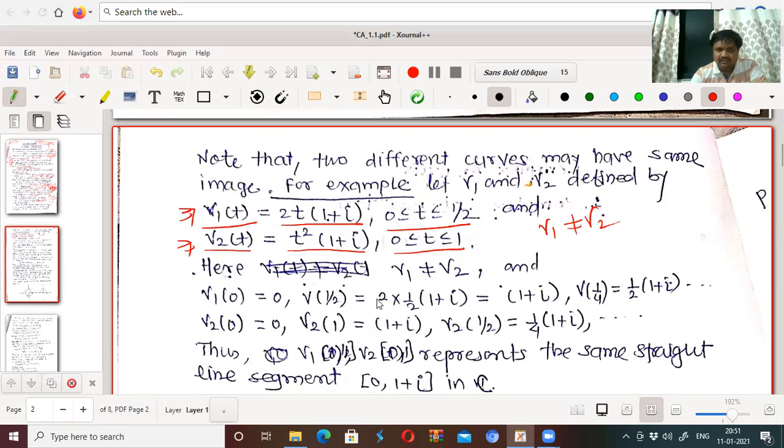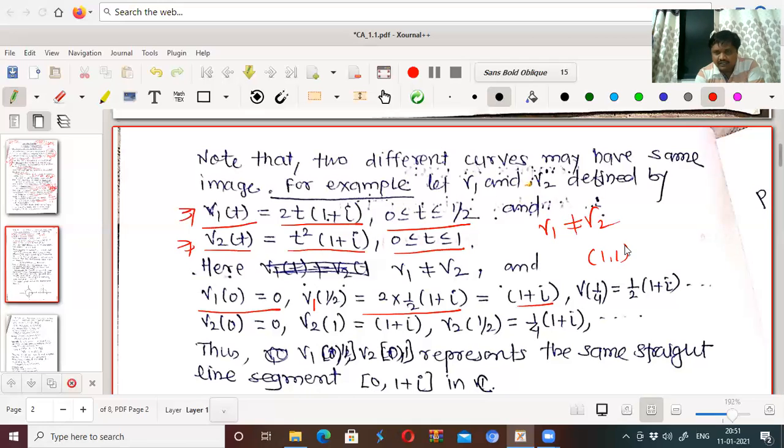We will find the value of gamma 1 at the initial point 0. Putting t equal to 0, gamma 1 at 0 is 0, which is the point 0 comma 0. Gamma 1 at 1 by 2 equals 2 into 1 by 2 into 1 plus i, so we get only 1 plus i. 1 plus i means which point? The point 1 comma 1.